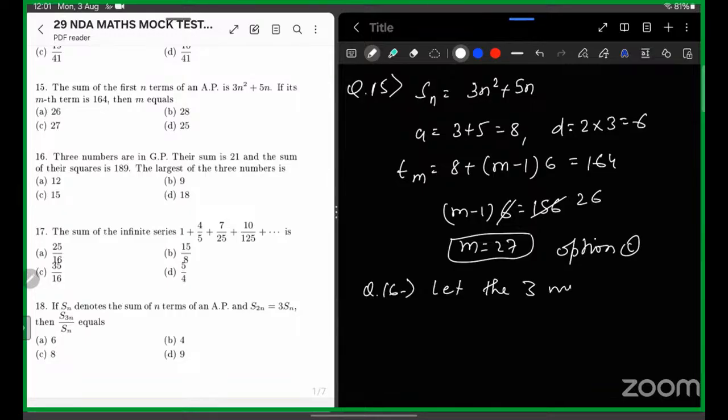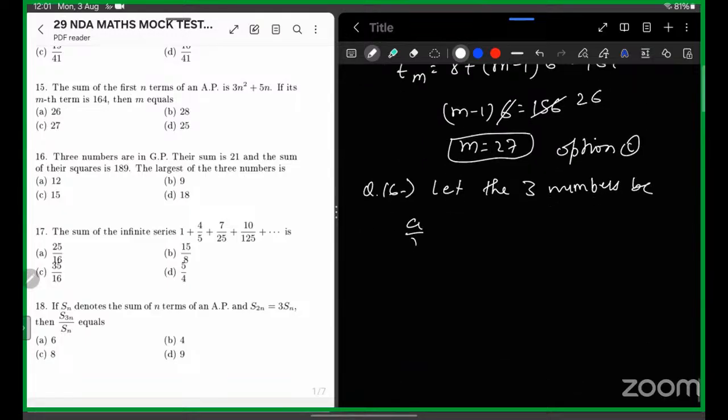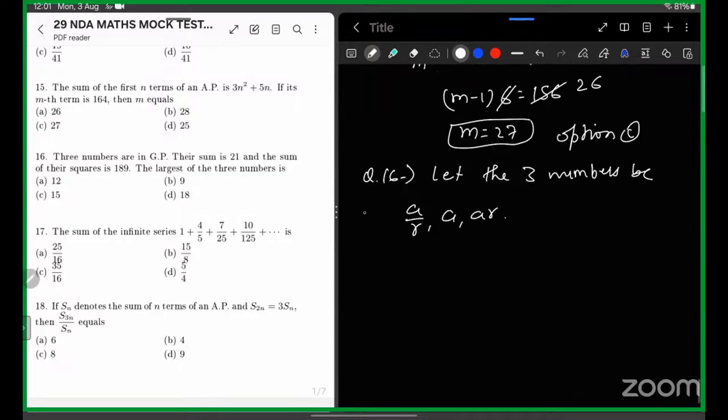Let the three numbers be a by r, a, and ar. They are saying that sum, that means a by r plus a plus ar equal to 21 they have given. Just take a common from here. I am going to get 1 by r plus 1 plus r equal to 21.